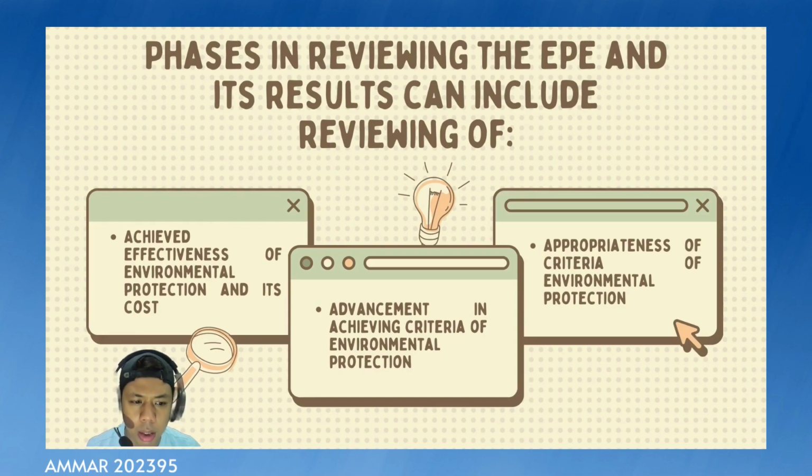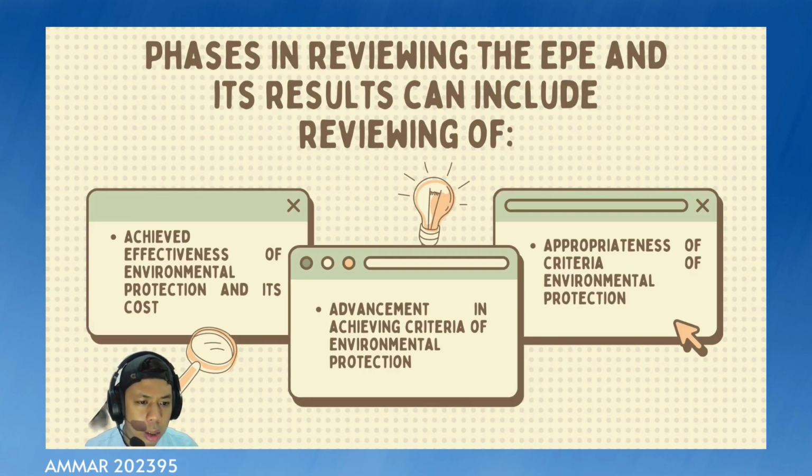So there are several phases in reviewing the EPE, and its result can include reviewing of achieving effectiveness of environmental protection and its cost, advancements in achieving criteria of environmental protection.